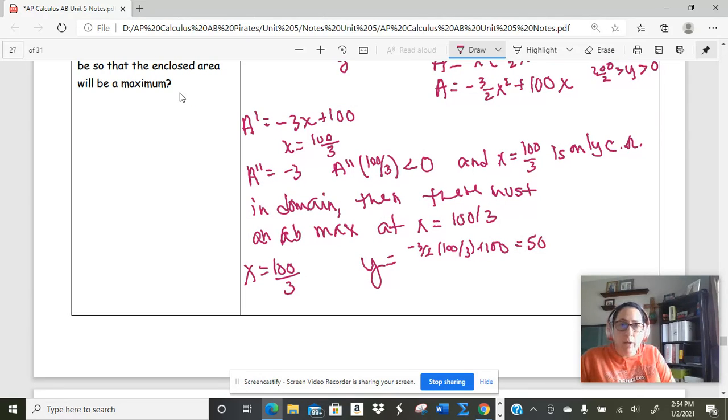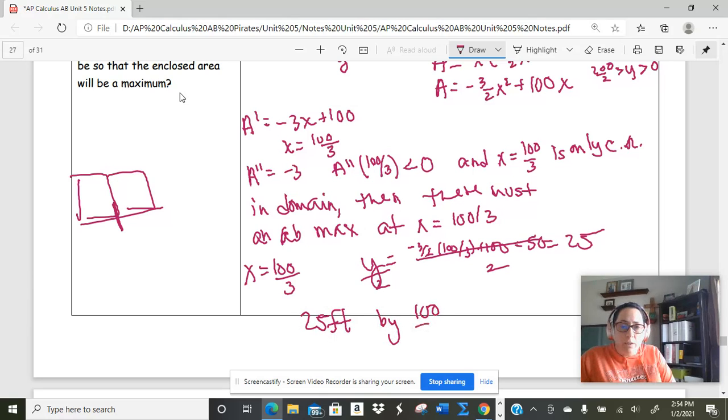So 50, but that was for the whole. I want for each of them. That y was all of it, so split that in two, and I get 25. So 25 feet by 100 over 3 feet. Give you the max area that you could have.